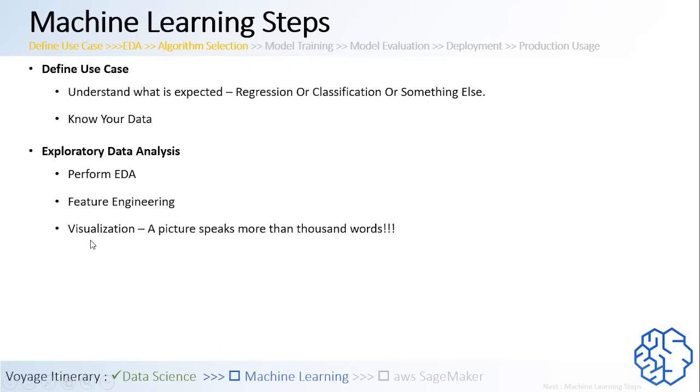And finally, one of the important steps is also visualization. There is a very famous quote: "A picture speaks more than 1,000 words." Obviously, if you yourself read data which has 100 rows and 10 or 20 columns, you will easily be overwhelmed with the information that is there.